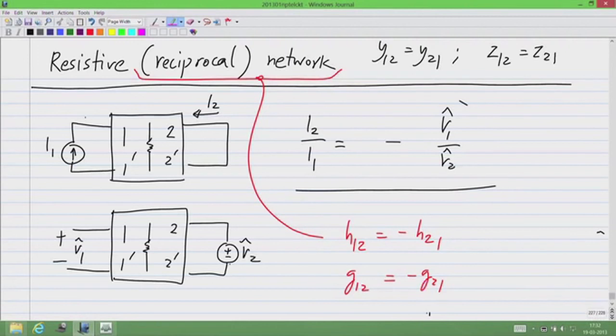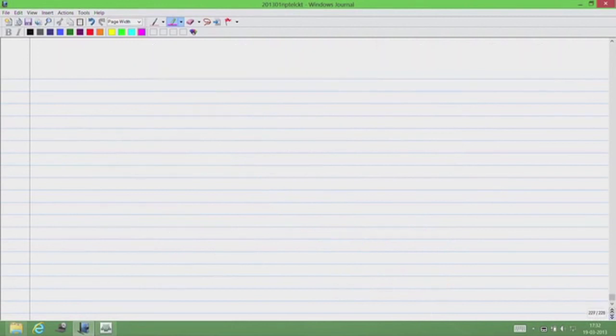Finally, someone in the chat window commented that H11 equals Z11. Is this correct?